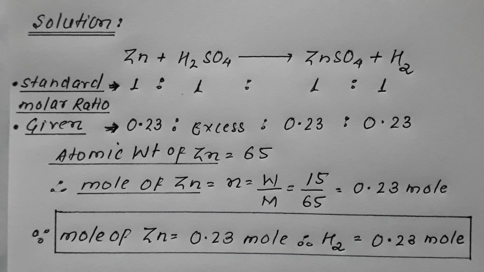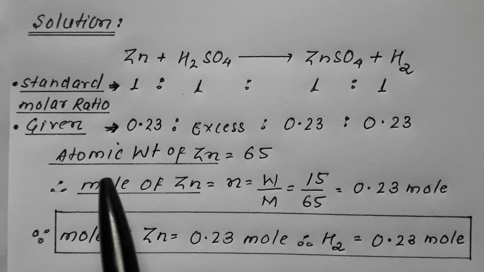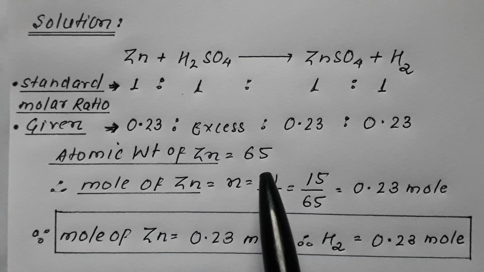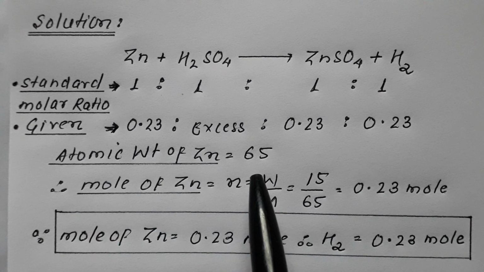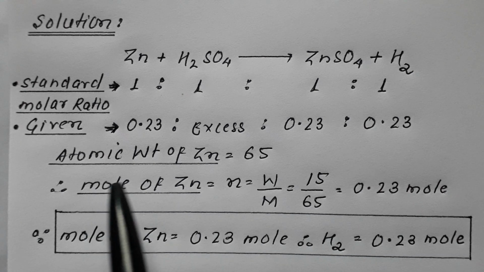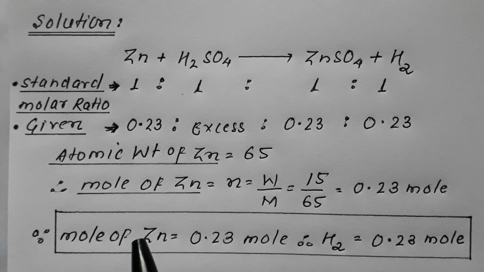So what I said, it's better you convert the given weight into mole. What is the atomic weight of zinc? Remember, the atomic weight of zinc is 65. So let us convert the given weight of zinc into mole of zinc.